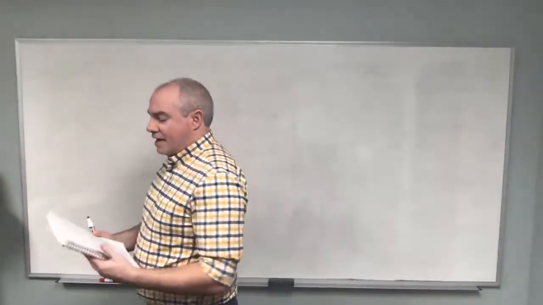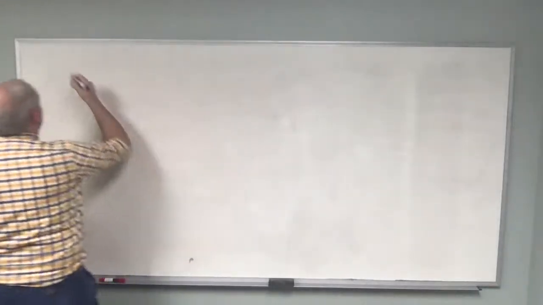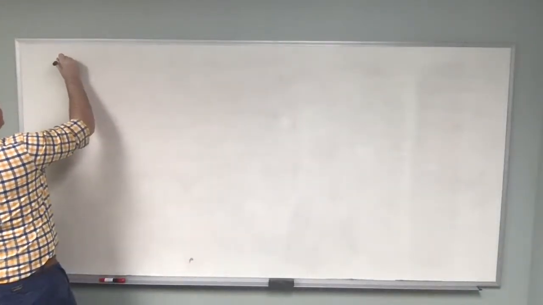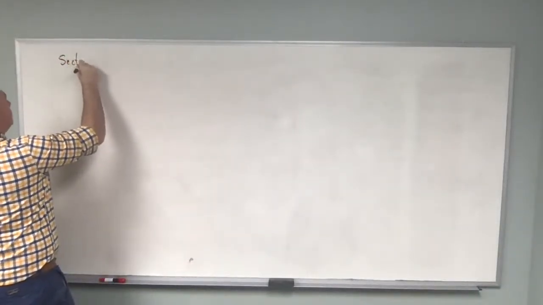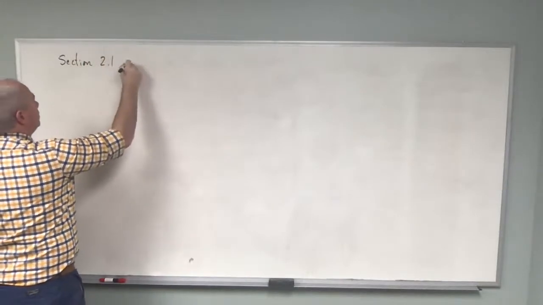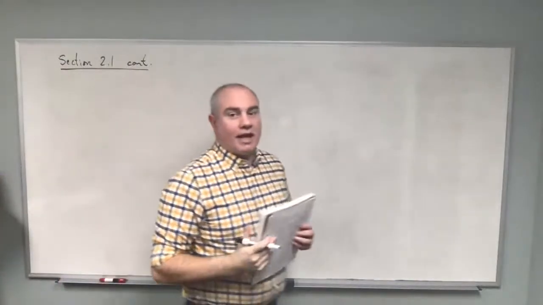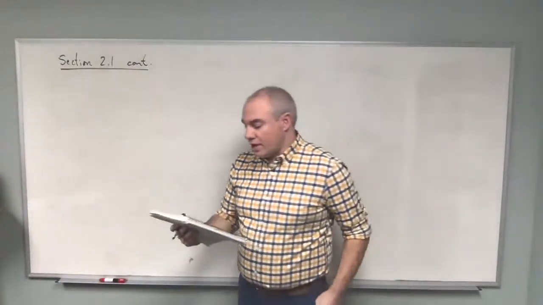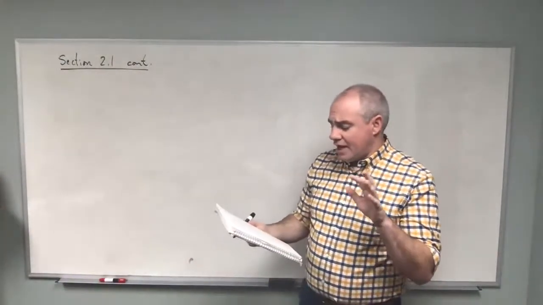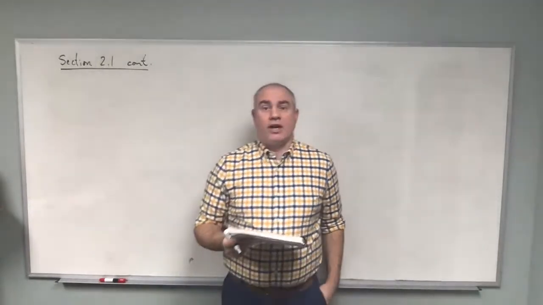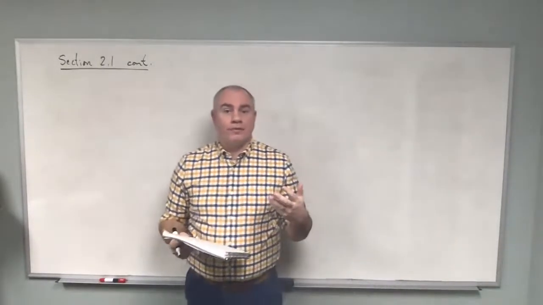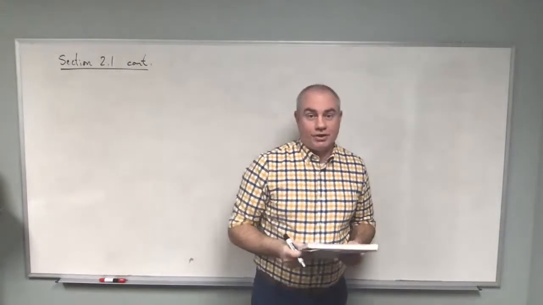All right, so what I would like to do now is let's get back into section 2.1 continued. And what we did last time is we did a direct proof, and we talked about what it means to prove direct implication.